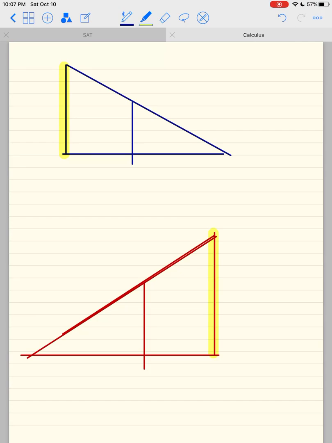Now, if the man is this line here, and the light is here, here's how I want you guys to do this. If the person is walking away from the building, then the person's walk, I'm going to call x. And this piece I'm going to call y.